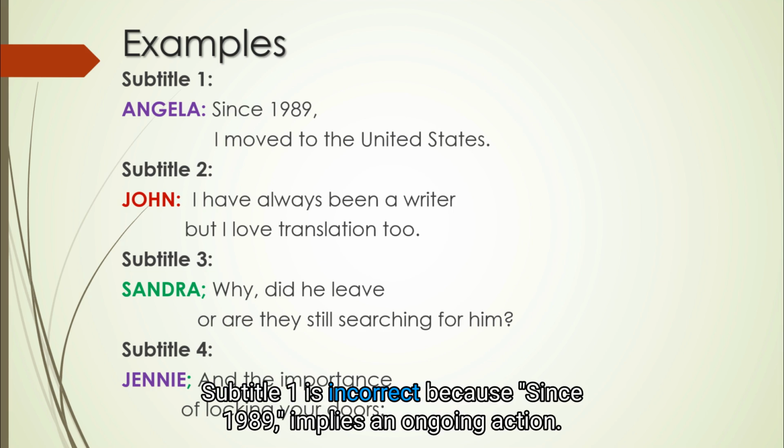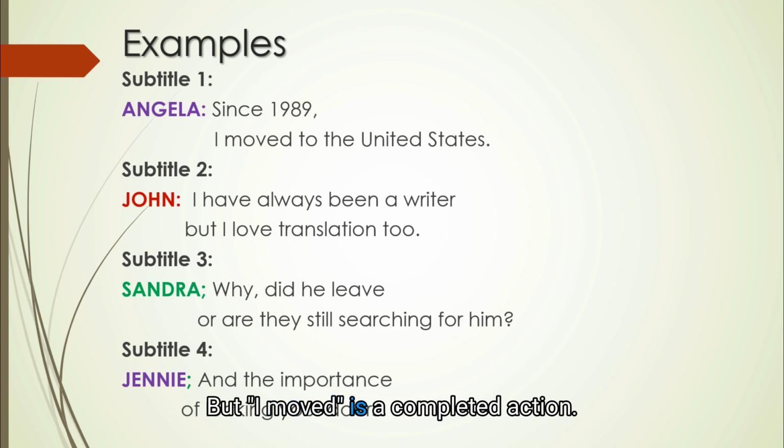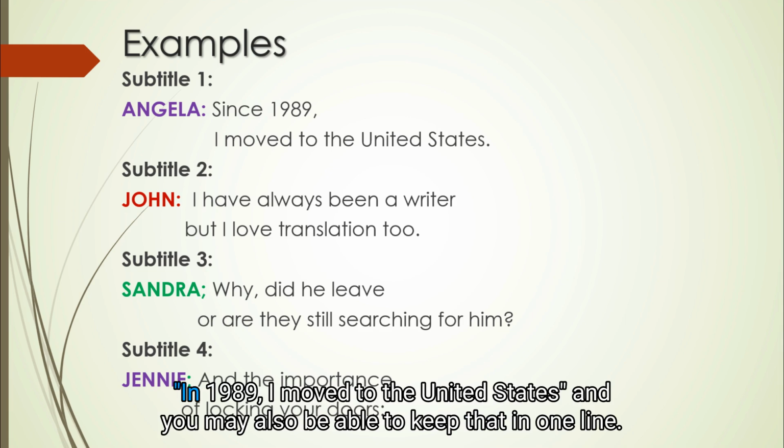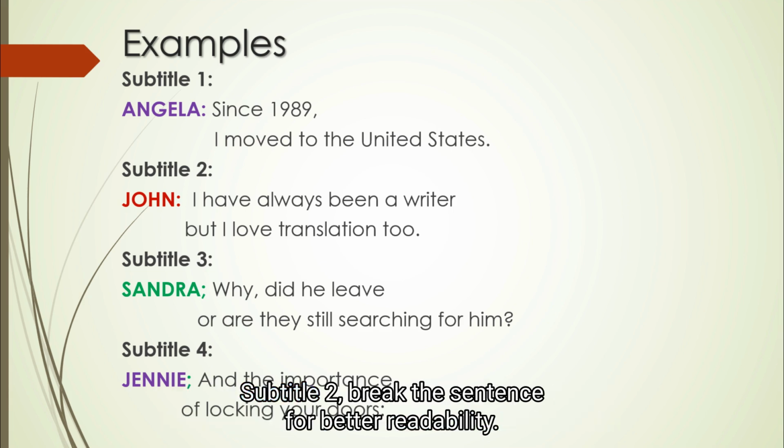Here are some examples. Subtitle 1 is incorrect because since 1989 implies an ongoing action, but I moved is a completed action. So you could correct that to in 1989 I moved to the United States, and you may also be able to keep that in one line. Subtitle 2, break the sentence for better readability.